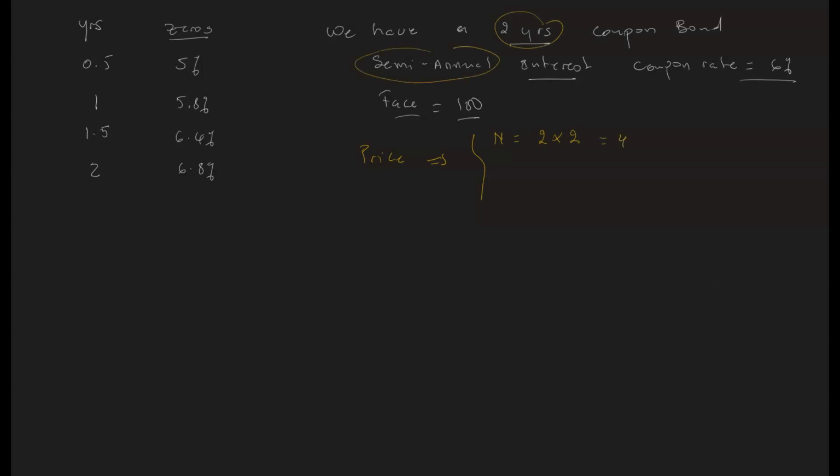That's going to be equal to 4. Then you're going to need the payment, and the payment is going to be equal to the coupon payment, which is equal to face value, that's 100, multiplied by coupon rate, which is 6%, divided by 2, because it's semi-annual, so you're going to have 6 divided by 2, so you're going to have 3.